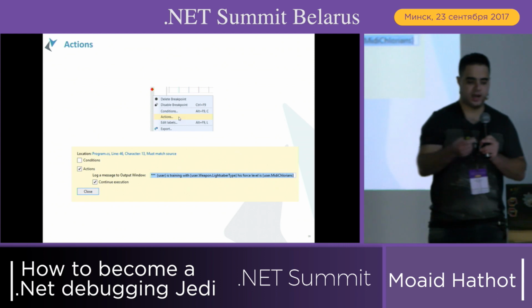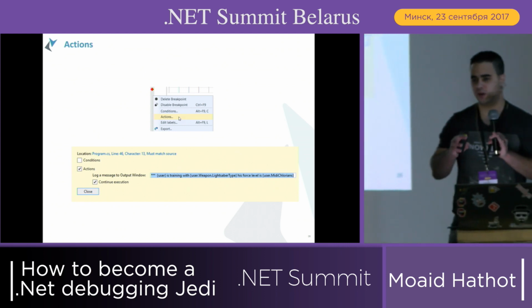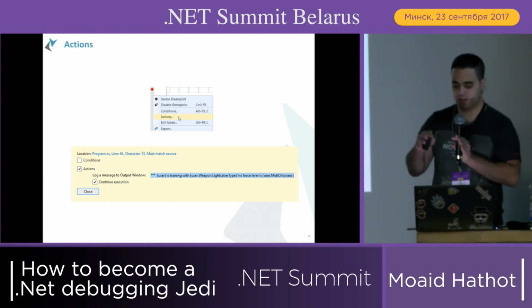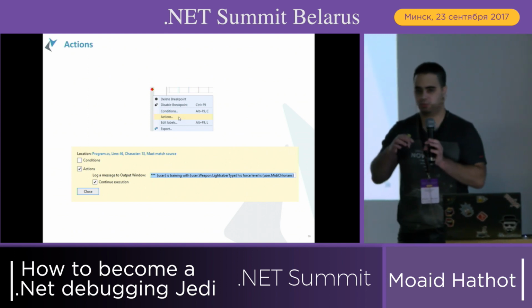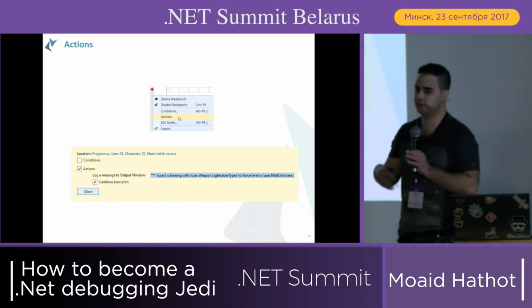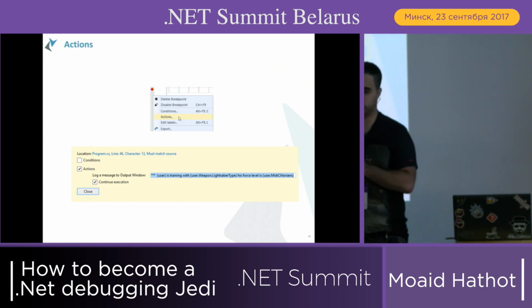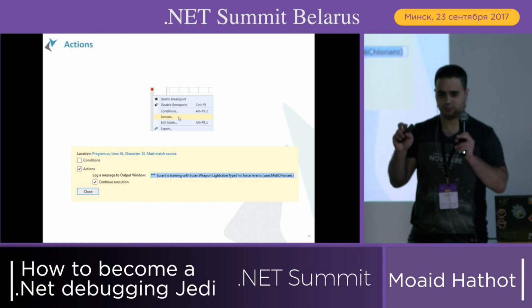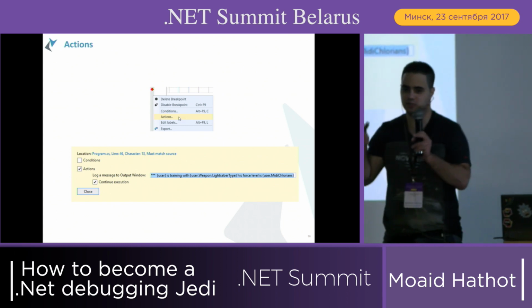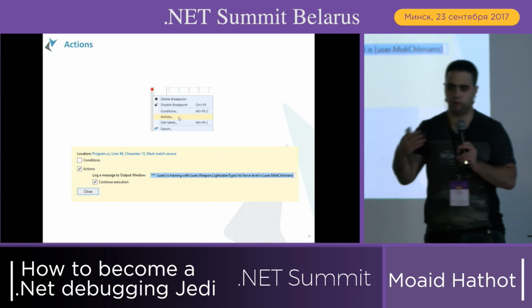So I can use an action, and an action, or a trace point, will give me the ability to write a string that's really similar to string interpolation in C# 6, in order to generate messages in the output window for each item.